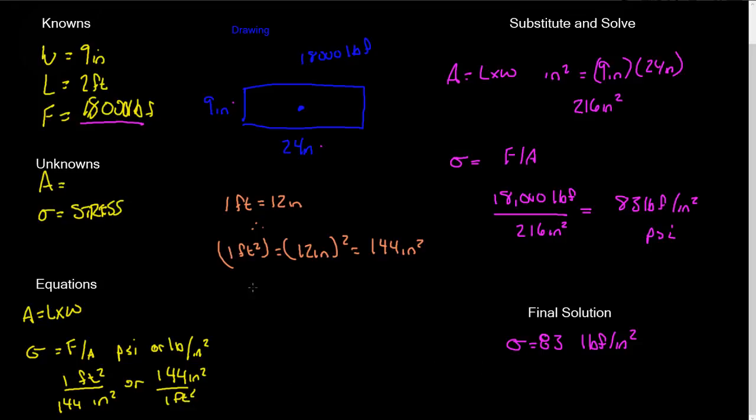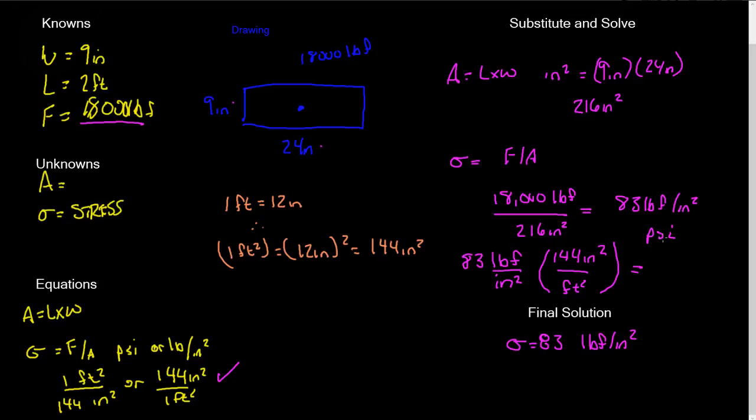Same thing. So let's go ahead and apply that solution here, and let's convert this 83 pounds force per inch squared, and then use my conversion factor right here of 144 inches squared per foot squared, and multiply that out.